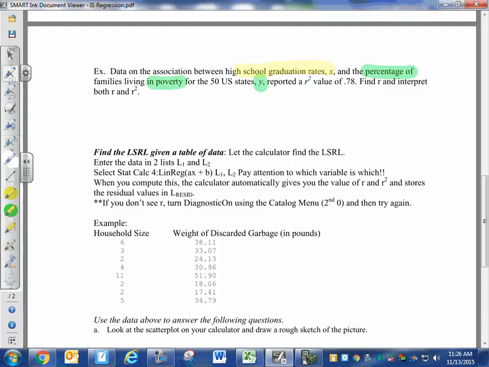Well, if R squared equals 0.78, let's just write our variation statement. Okay, I would say 78% of the variation in Y, but instead of Y, I'm going to say the percent of poverty, is explained by the variation in X, which is the high school graduation rates.